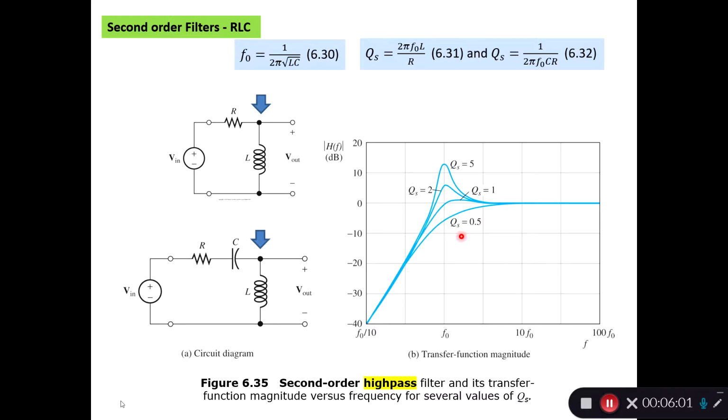And again, depending on the quality factor of this series resonance circuit, we can have a maximally flat one, that's around a Q of 1, or we can have some peaking when we go up to higher values. So for low pass and high pass, the series resonance quality factor needs to be around 1 when we design the filter.